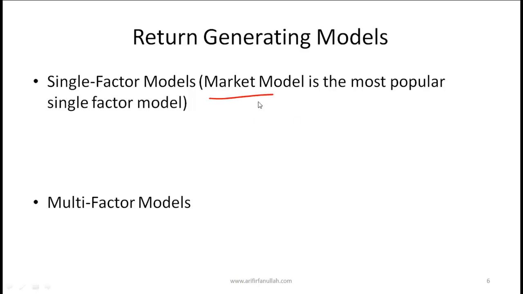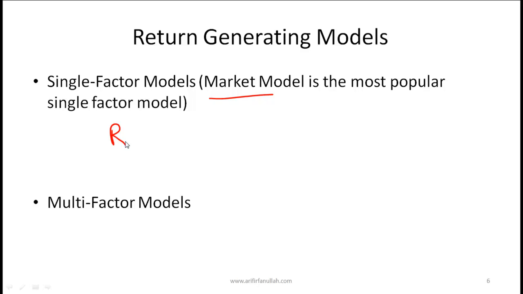There is a tremendous amount of detail in the curriculum, but the fundamental point you really need to know is what is a single factor model and what's a multi-factor model. So a single factor model tries to give us our expected return using simply one factor. Let's look at it with the market model.